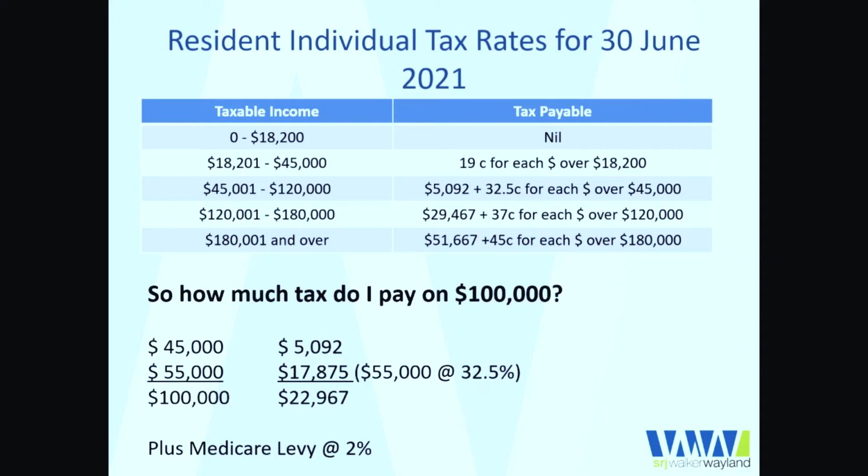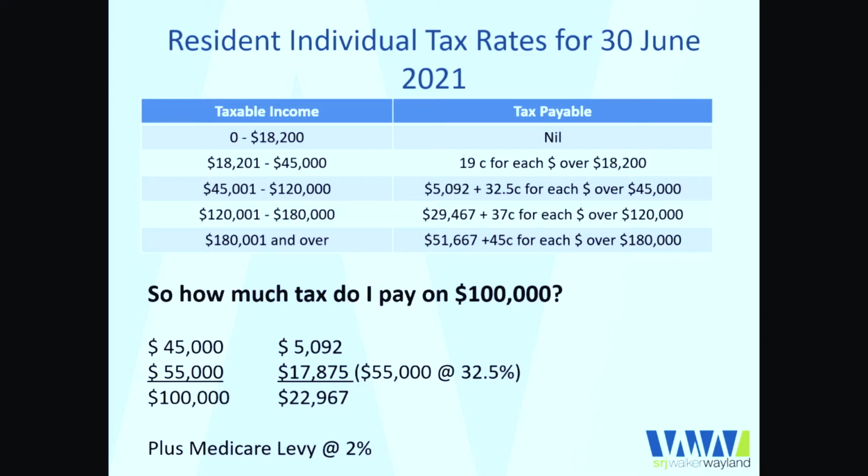So how do we use this tax table to work out how much tax you pay? Well, firstly, the ATO has some great tax calculation tools to enable you to do this, but just to give you an example, if I earned $100,000, I would pay tax. I would fall within the $45,000 to $120,000 threshold.